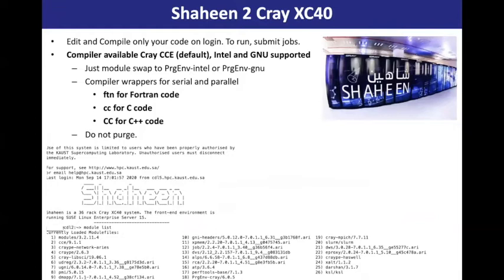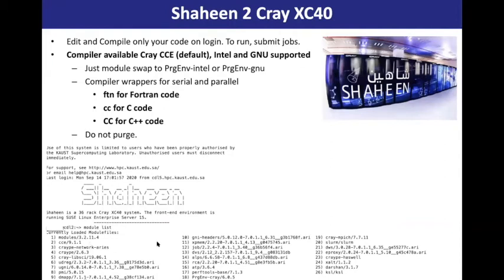So when you log in on Shaheen, you have 3 different compilers available. You have the Cray by default, you have the Intel, and the GNU supported. When you log in to Shaheen, you have this welcome message, and then you have many modules that are already loaded.